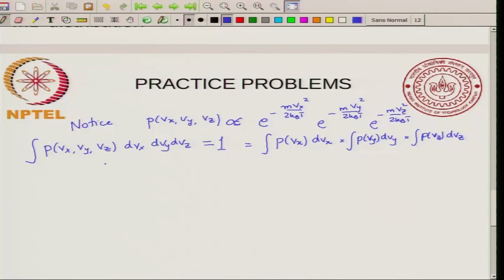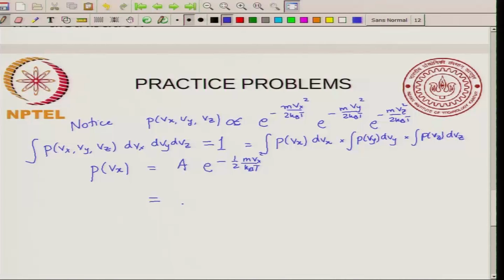Okay. So, you know the normalization constant, if you just take one Vx, okay, then this is equal to a e to the minus half m Vx square by kBT. Okay. So, what you can say immediately is that you know the value of this normalization constant because this is just a Gaussian function. Okay.